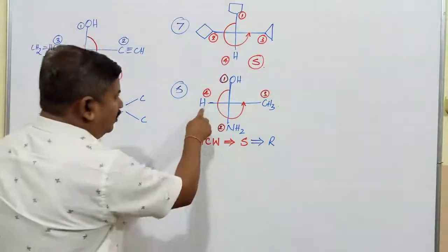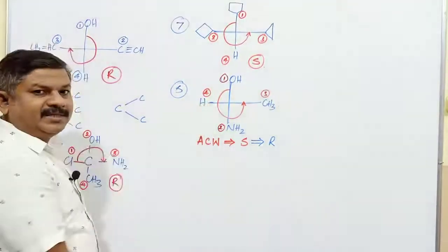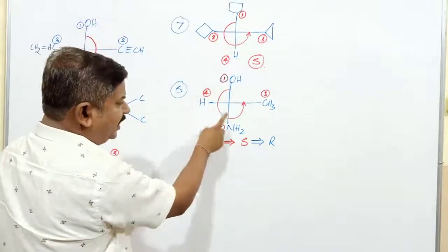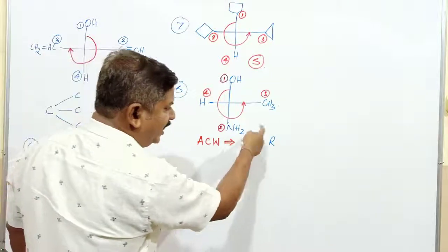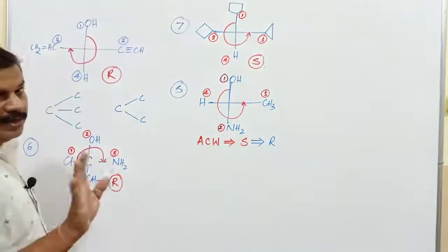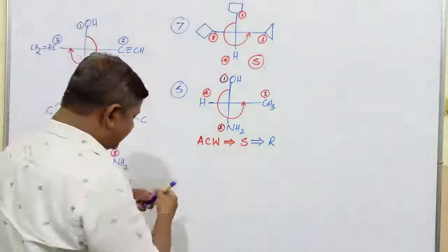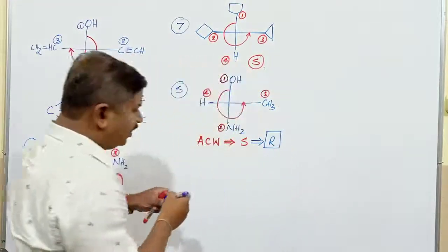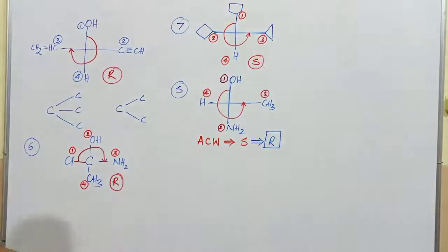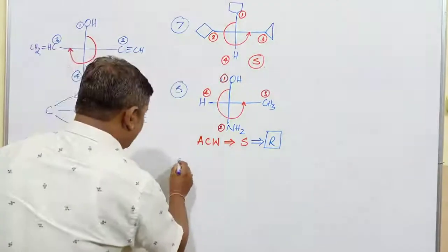But whenever the lowest priority group is present in horizontal position, if S is obtained, it should be taken as R. If R is obtained, it is taken as S isomer. Remember carefully. Now, what is the configuration of this particular one? This is called the R isomer. It is not the S isomer.